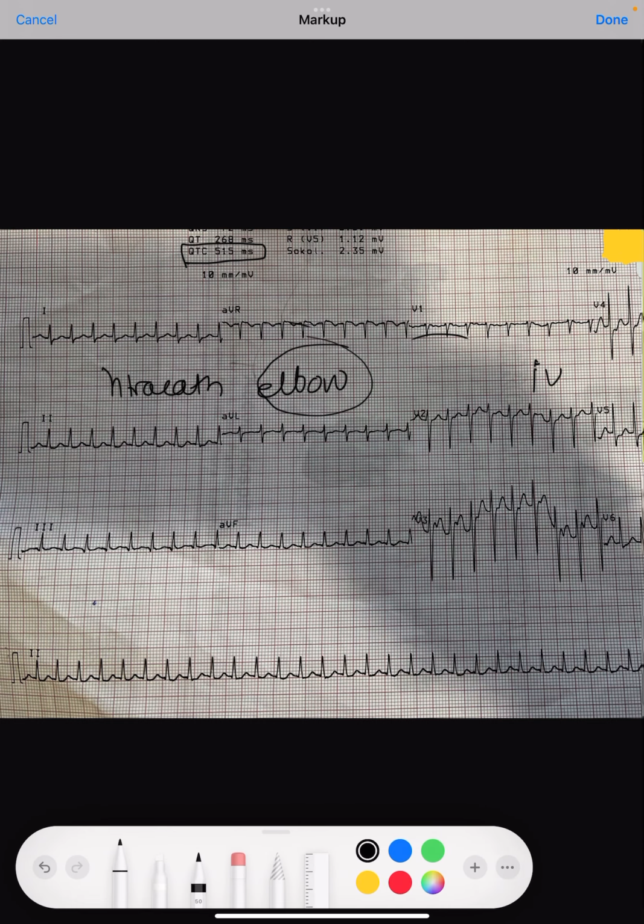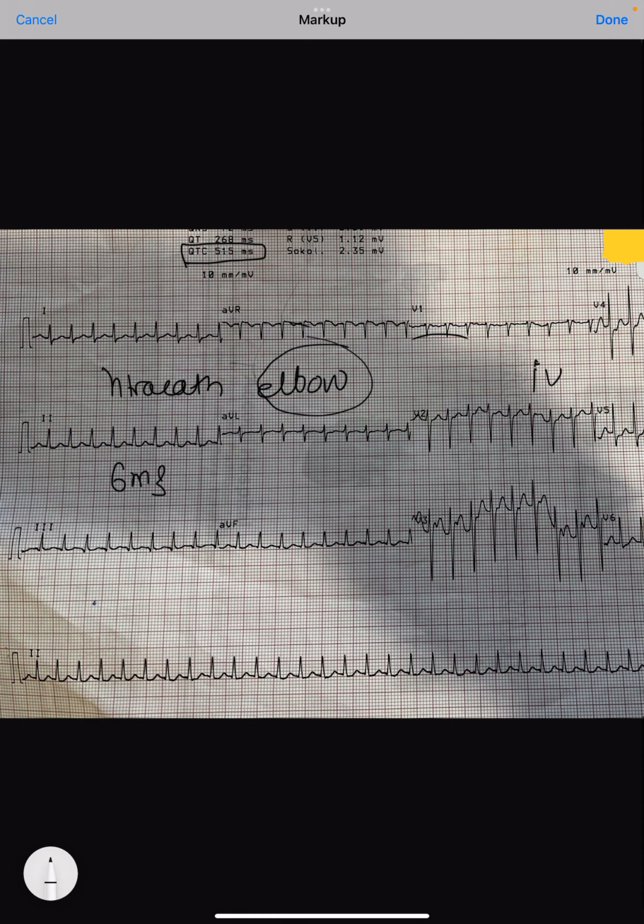Adenosine 6 milligrams has to be pushed very fast over 1 to 3 seconds, and flushed with at least 10 to 20 ml of NS, and the hand has to be elevated as soon as the adenosine is given intravenously.